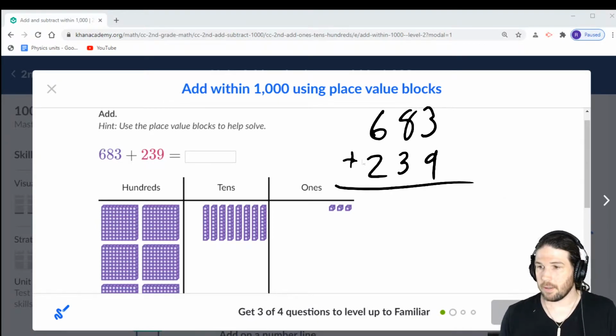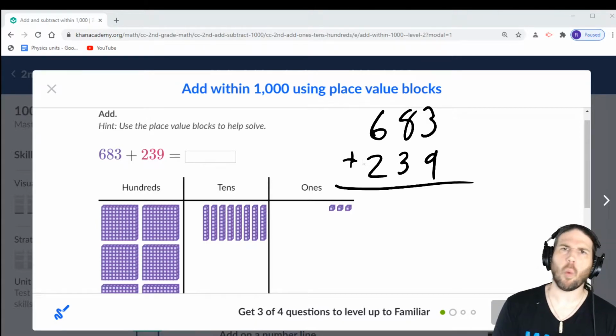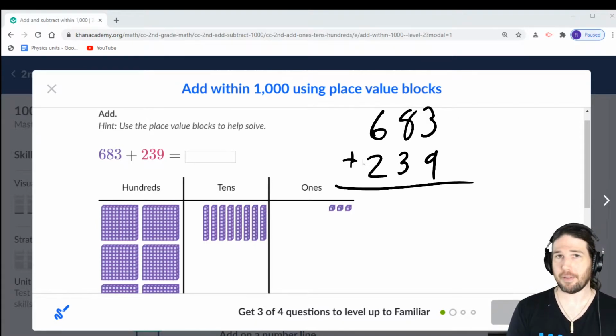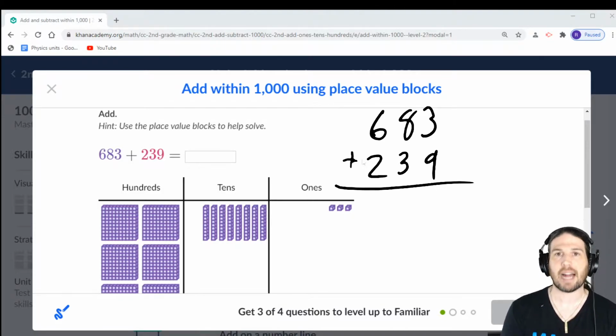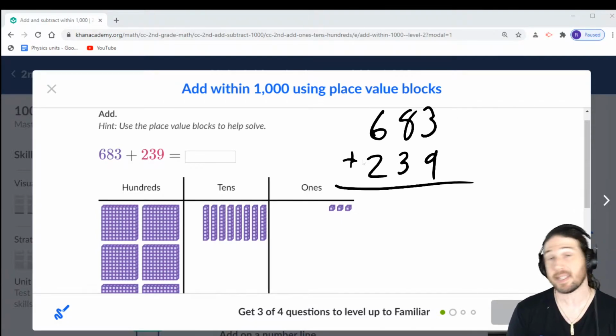Now, there are many ways that you could do this, but once you get into three-digit math, or three-digit arithmetic, I generally recommend either doing it on paper or doing it on a calculator. This is the point where I start to think that a calculator is probably the best way to go once you understand what the hundreds and tens and one digits actually are.